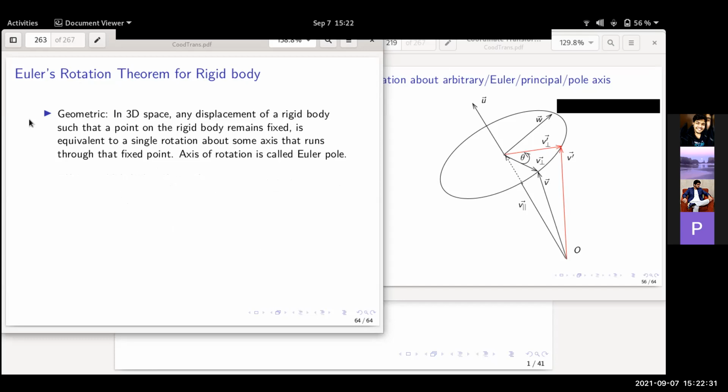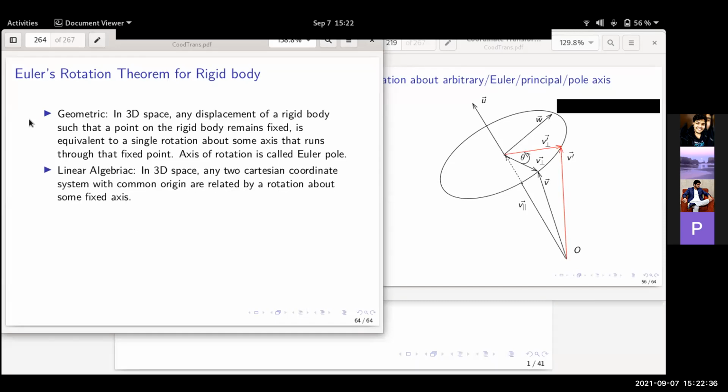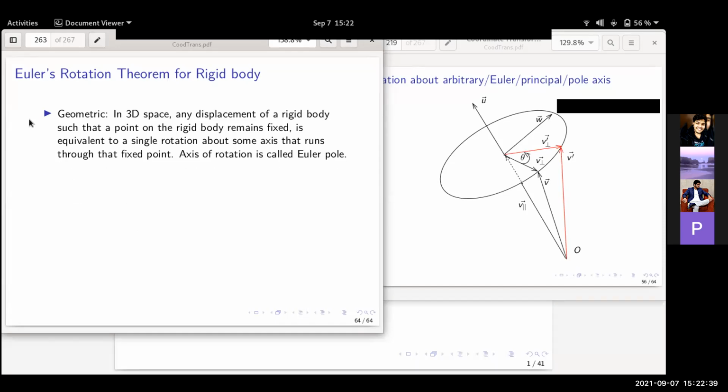Either you can look at the result in a geometric fashion or in a linear algebraic fashion. The geometric or rigid body fashion says that if you have a rigid body and you are looking at the movement of this rigid body, and if you observe that one point in the rigid body is fixed, then the entire motion of this rigid body can be described by rotation about an axis passing through this fixed point.